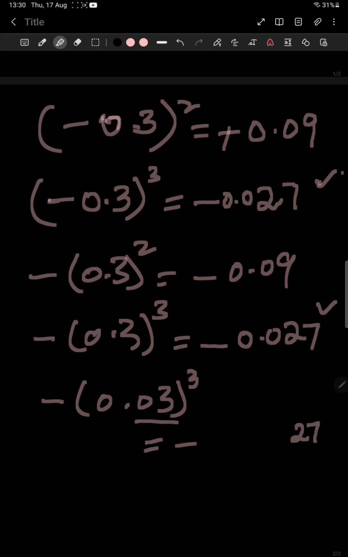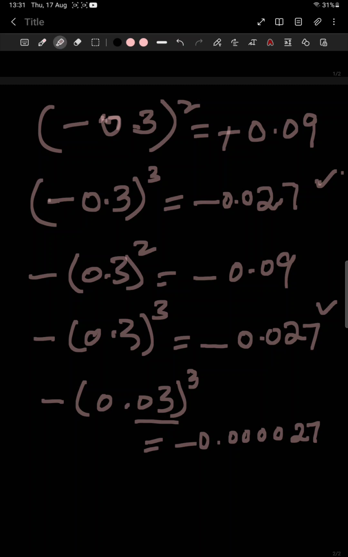Now this is 2 decimal places, so our answer will be 2 plus 2 plus 2, total 6 decimal places. So it will be 0.000027. So if we are going to cube, the answer will have 6 decimal places.